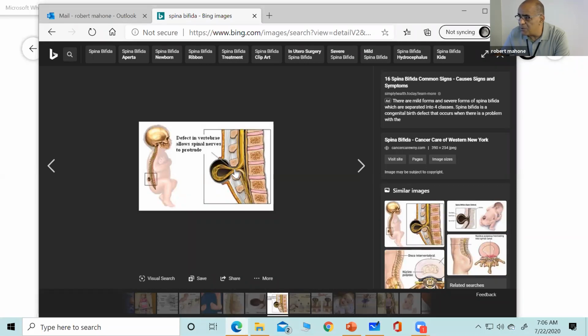And if the spinal cord doesn't stick through like that, there's a good chance they won't have any type of issues with their sensation or movement. If it does stick through, then there's a danger spot right there where it gets squished as it pokes out through there. And again, that can lead to some permanent paresthesia. The numbness and tingling feels like your foot's just falling asleep. That's paresthesia.